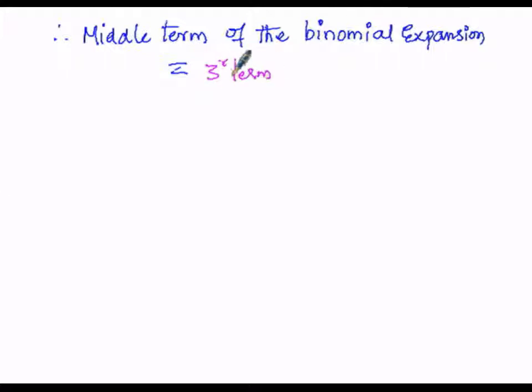So it can be denoted by T3. So you have to find out the T3 of the expansion of the binomial, where the given binomial is (3x minus 7y) whole to the power of 4.